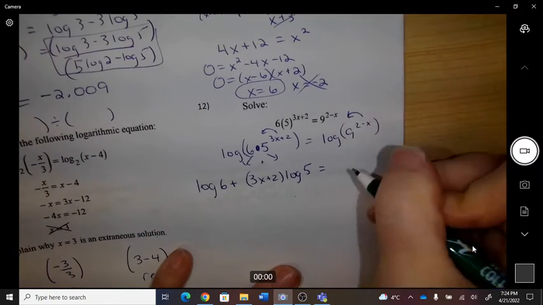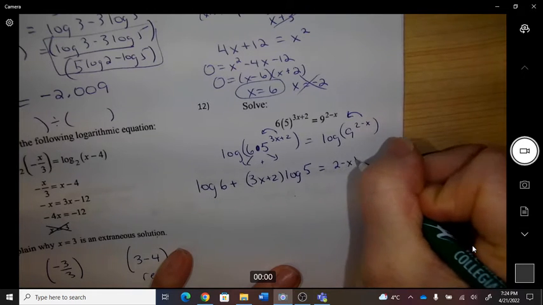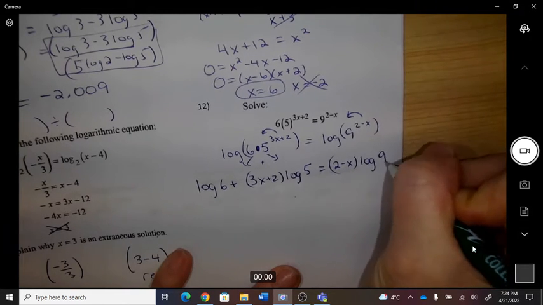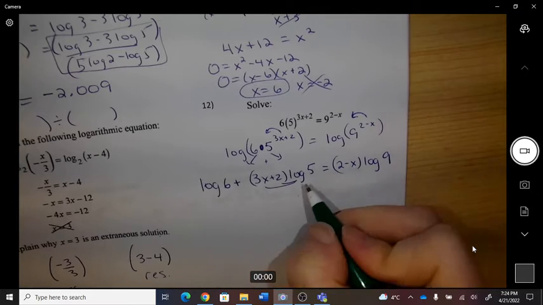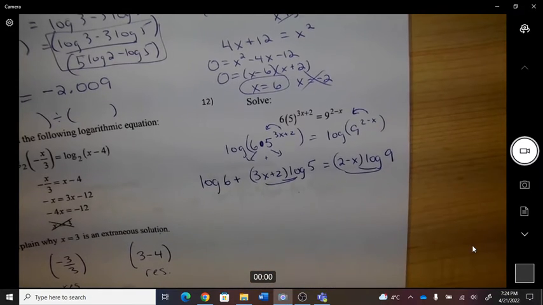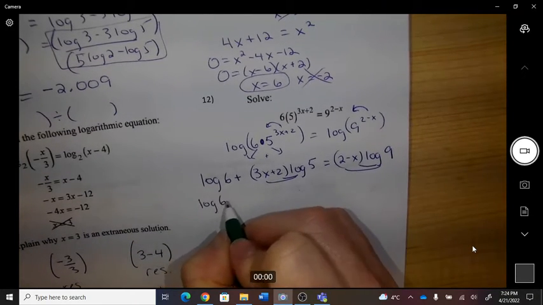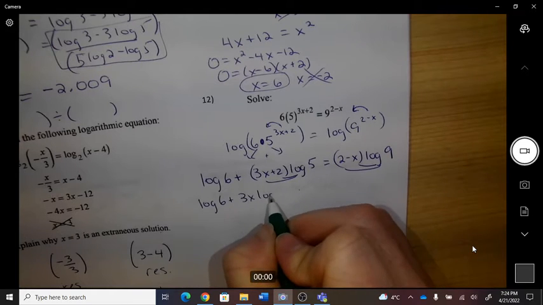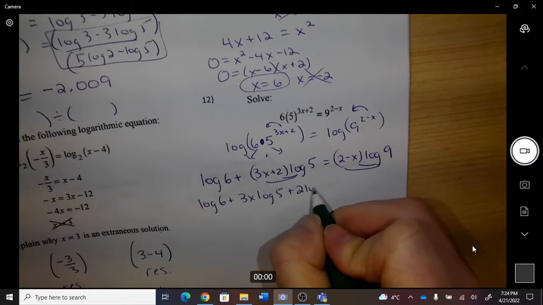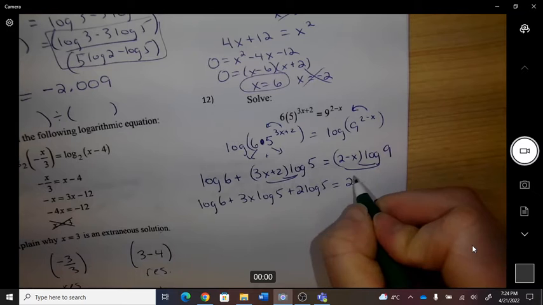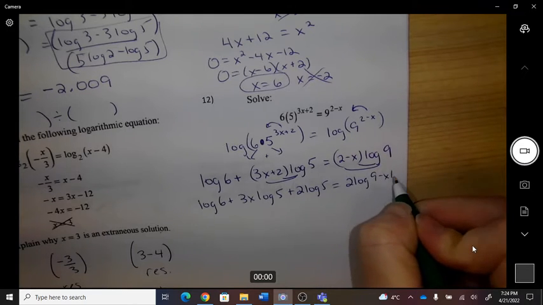This will go into the front. I'm going to distribute. So 3x log 5 plus 2 log 5, 2 log 9 minus x log 9.